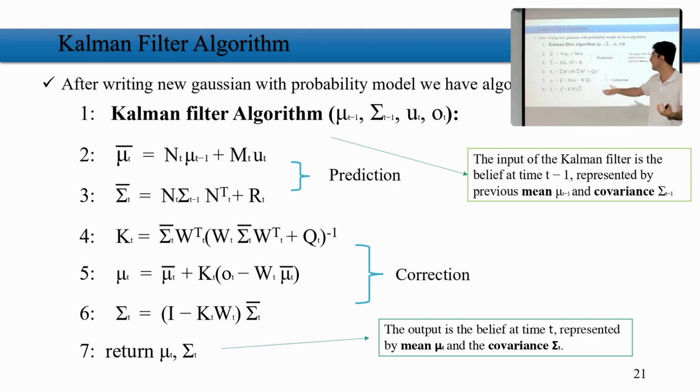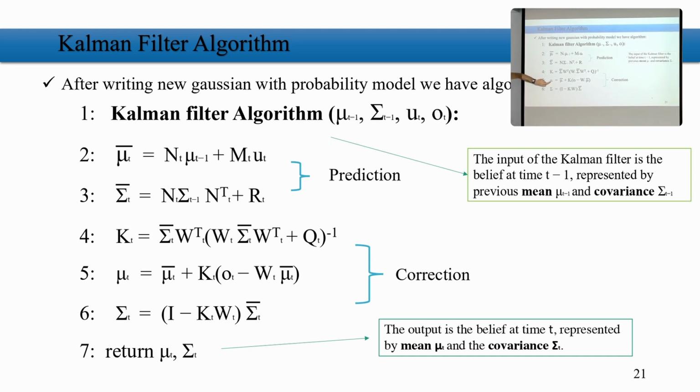The Kalman gain helps me calculate that. So here we have the predicted mean. Predicted mean is where the robot is.